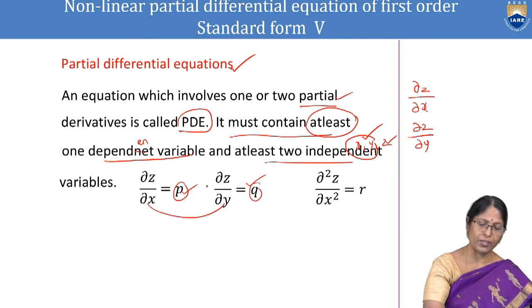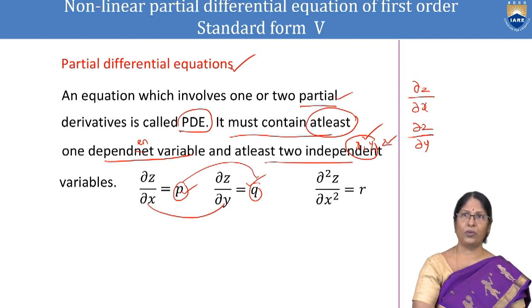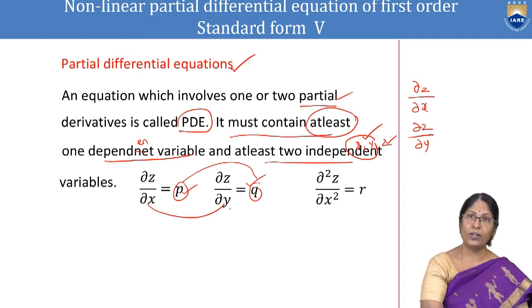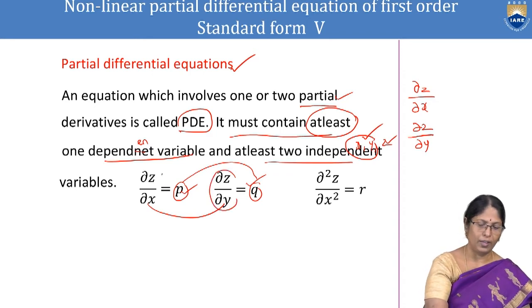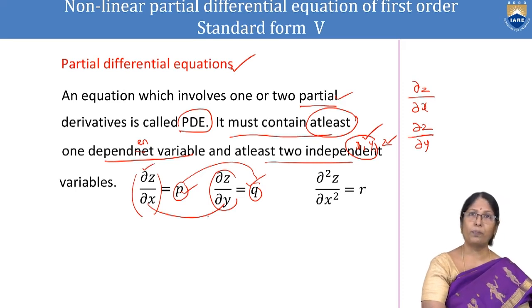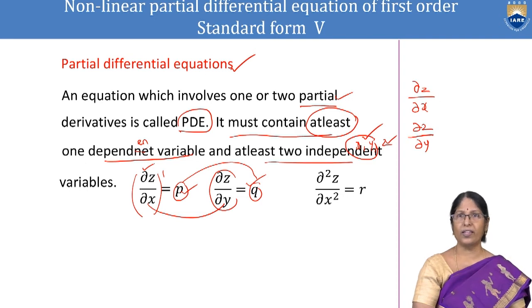Only one time we are doing the differentiation partially, and the degree is 1, so it is a first order linear equation.